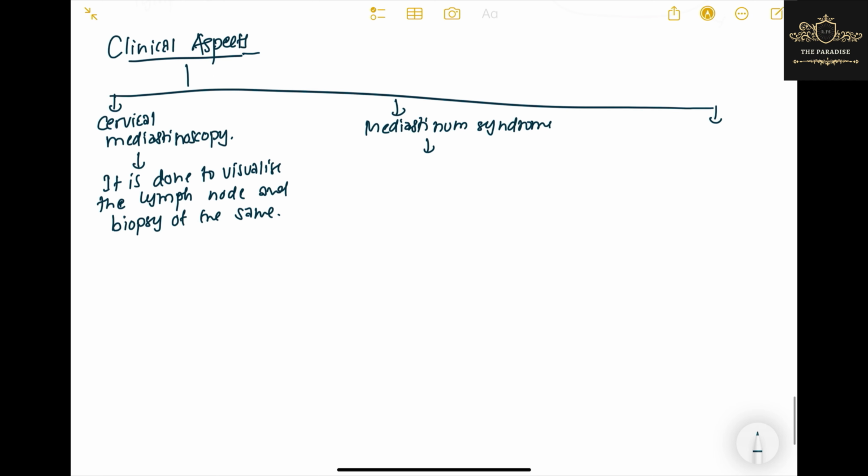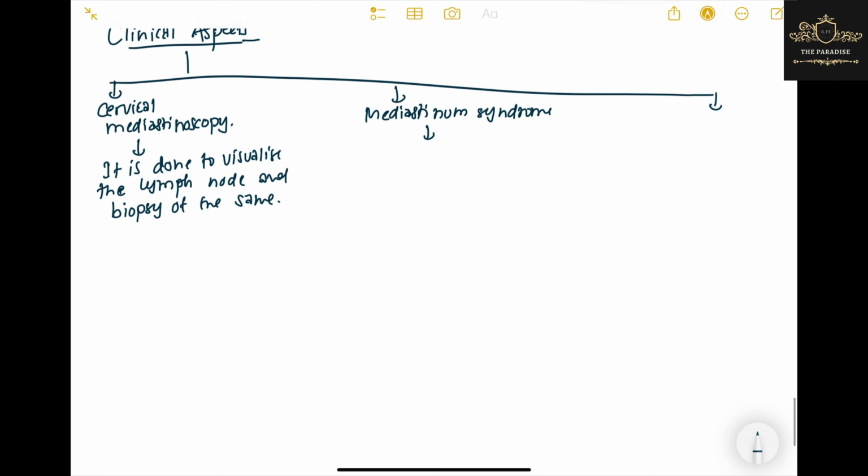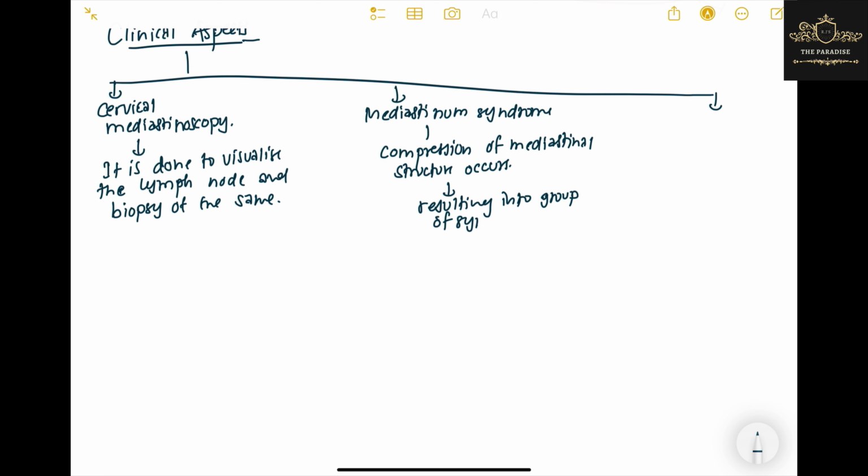In mediastinal syndrome, compression of mediastinal structures occurs, resulting in a group of symptoms.